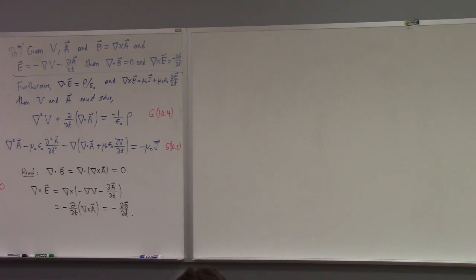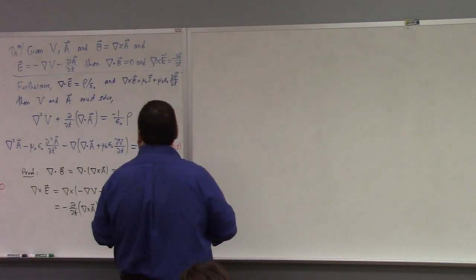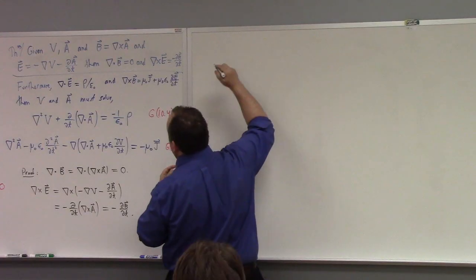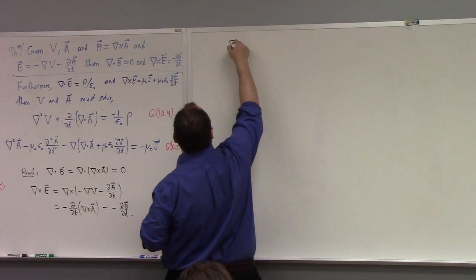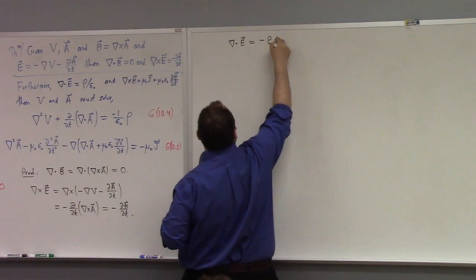What about the inhomogeneous equations, the ones with sources? We have that the divergence of the electric field is rho over epsilon.